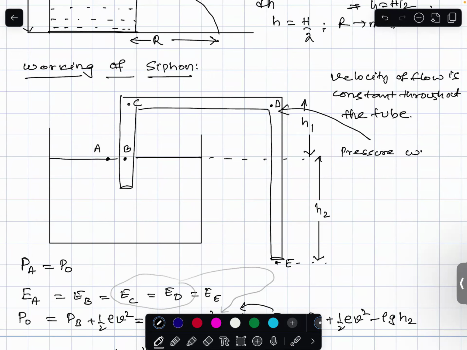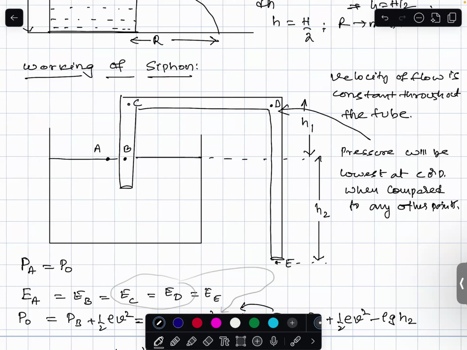Pressure will be lowest at C or D when compared to any other point.